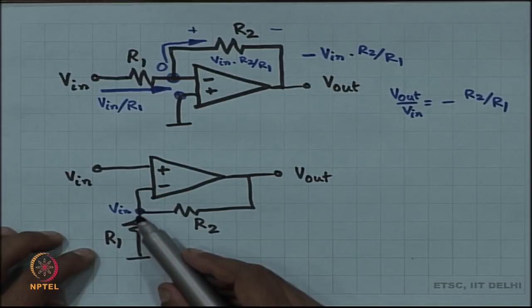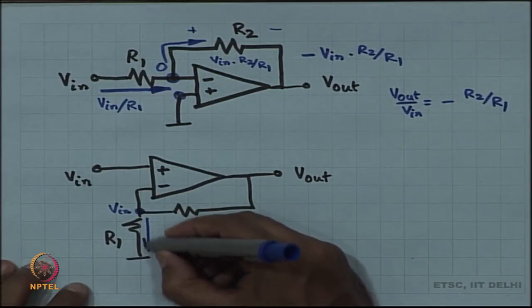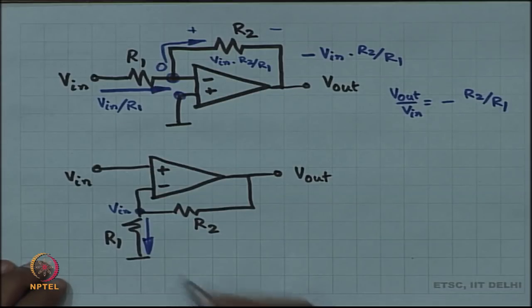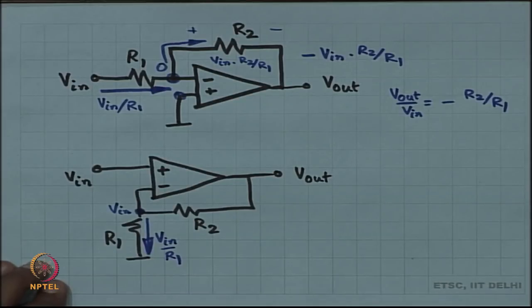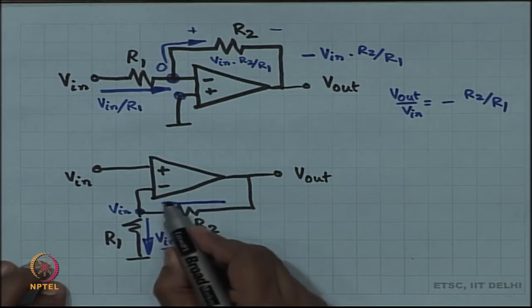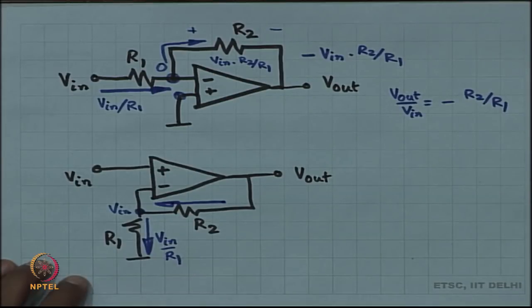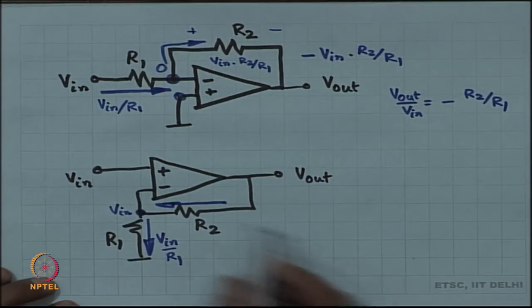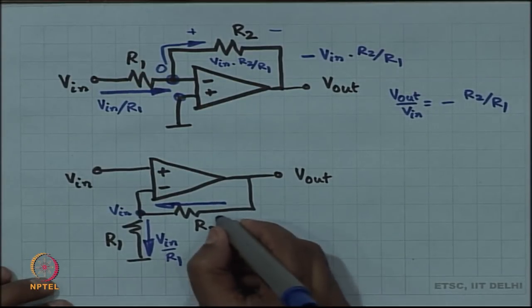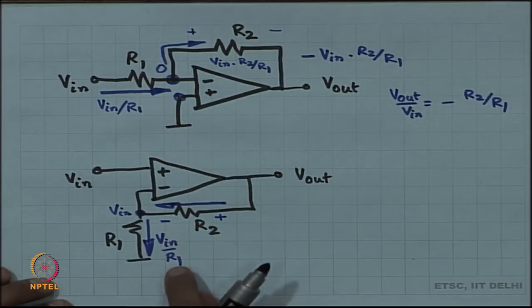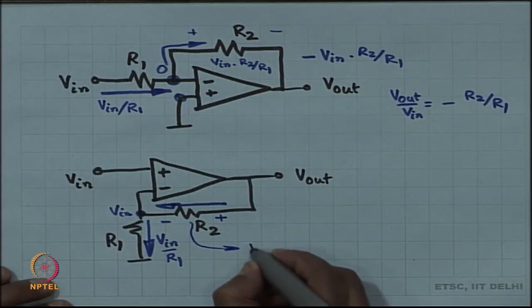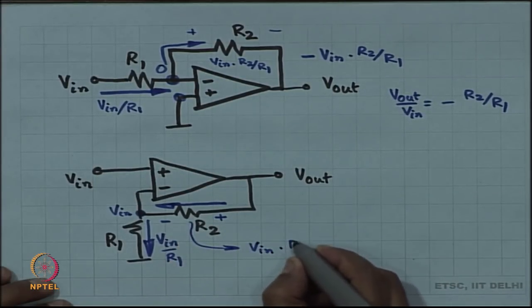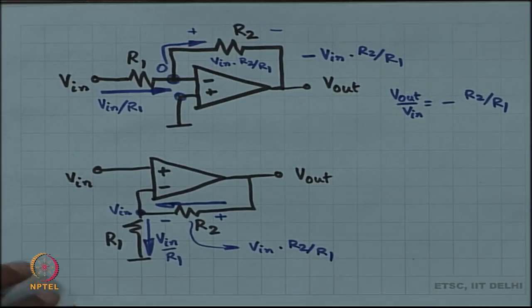In the second circuit, what happens? This is V in, so the other terminal is V in, and therefore, the current over here is V in by R 1. And clearly, this current has to come through R 2, it has no other way, right, because the current going into the minus terminal is 0. So, that current has to come through R 2, which means the drop across R 2 is V in by R 1 times R 2. Okay.